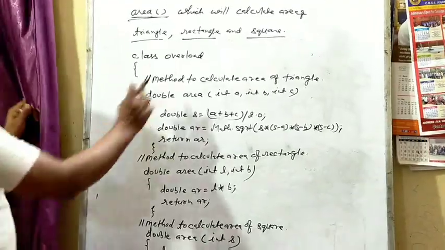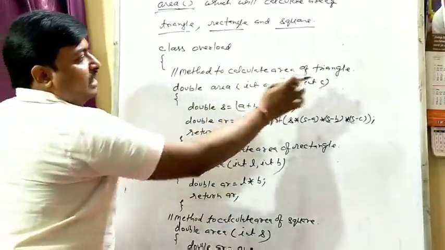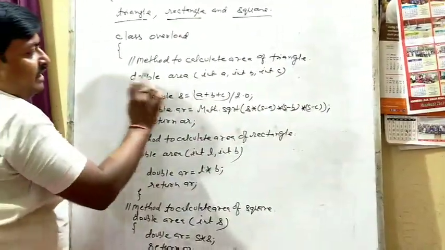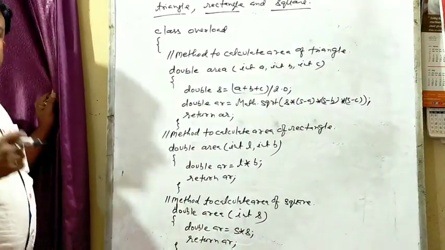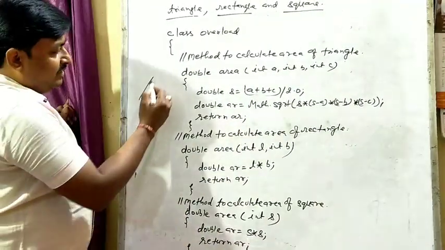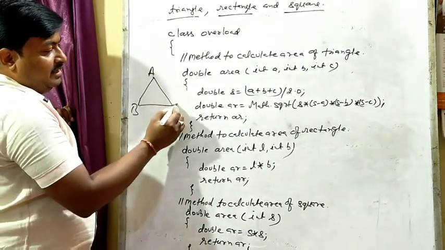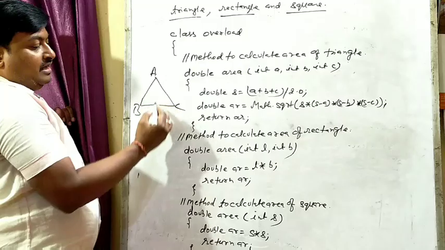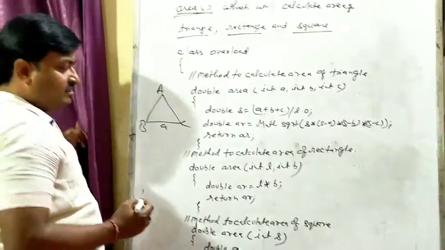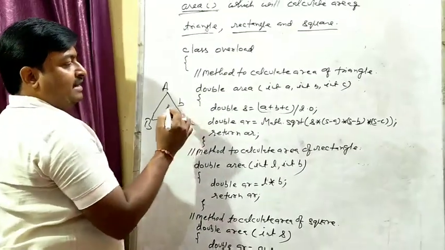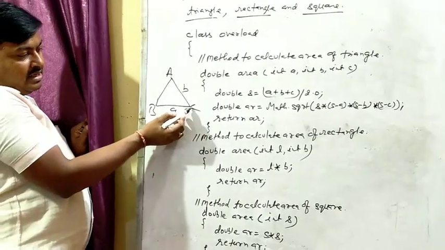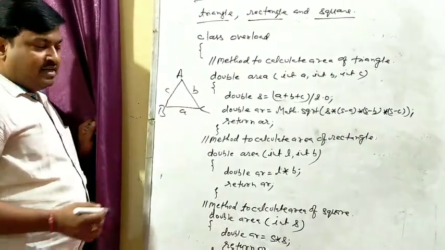See, class overload, method to calculate area of triangle, double area. Students, using Heron's formula we can calculate the area of a triangle. Suppose the vertices are A, B and C. Opposite the vertex A, the side is called small a. Opposite the vertex B, the side is referred to as small b. Opposite the vertex C, the side is referred to as small c.